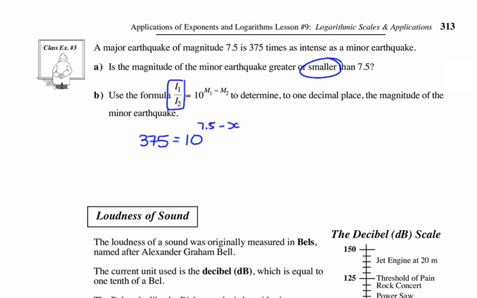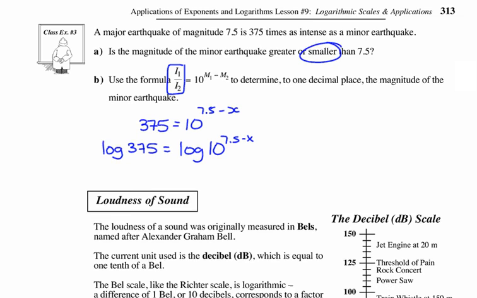If we were trying to find the first one, the x would be here, and this would probably be a smaller number. All right, how do we solve for an exponent? We can't make the same base. Logarithms, Kate. So what do we do to both sides? Take the log of both sides. So log 375 equals log 10 to the 7.5 minus x. Now what? Drop the exponent.